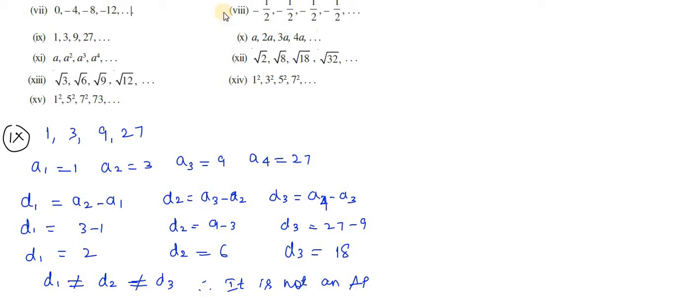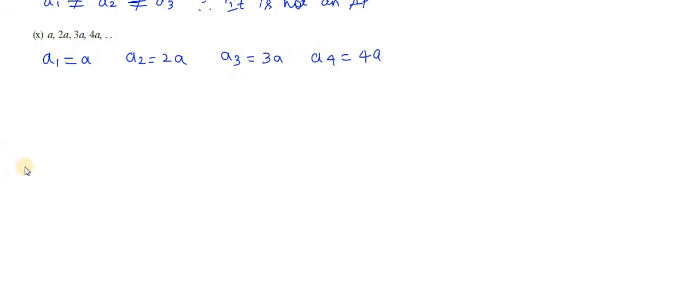So the next problem. Here they gave a, 2a, 3a, 4a. So already looking at this, we can say it is an AP. Okay, now just verify it by checking the common difference. So d1 is equal to a2 minus a1, d2 is equal to a3 minus a2, and d3 is equal to a4 minus a3.